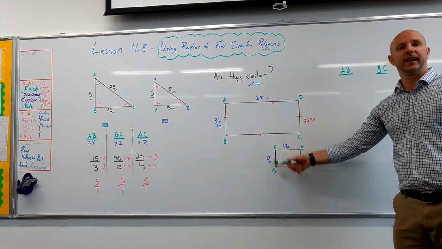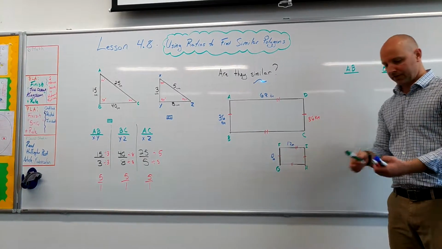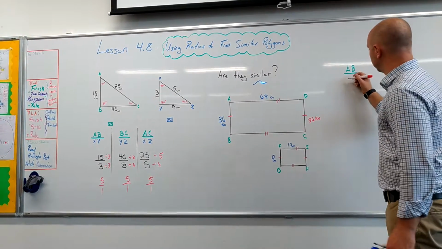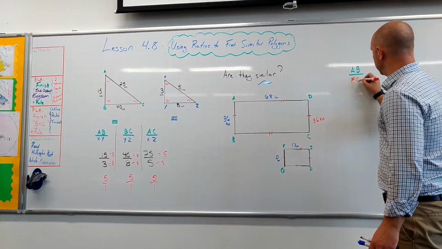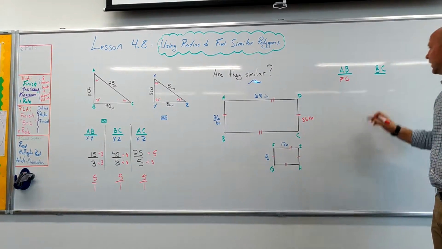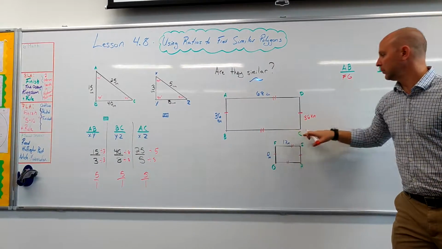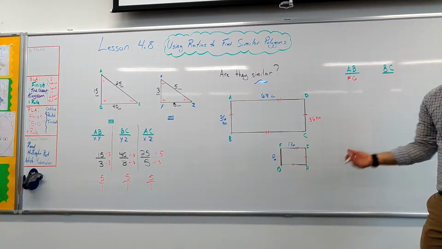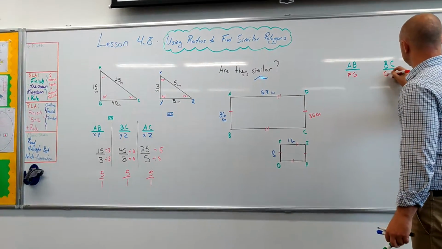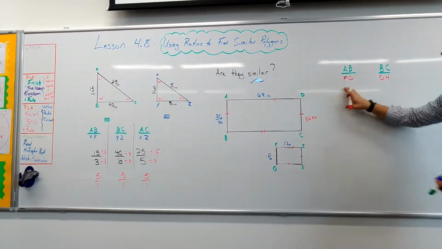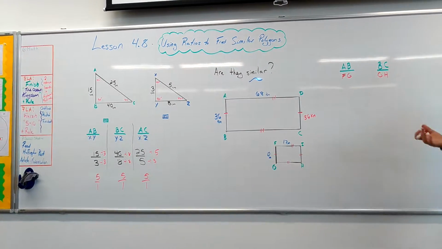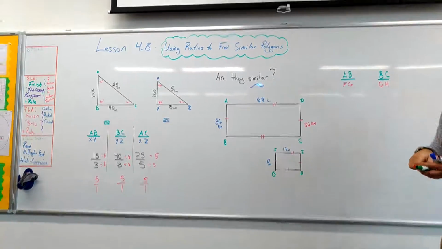Of course, it's this width over here, F and G. So I'm going to write that as FG. Those are the ratio pairs. And the equivalent to BC is G and H. Now I know what I'm talking about, and I've set myself up for actually using the real numbers.